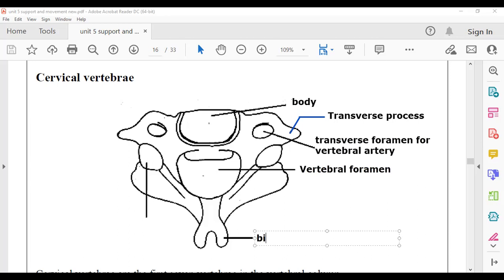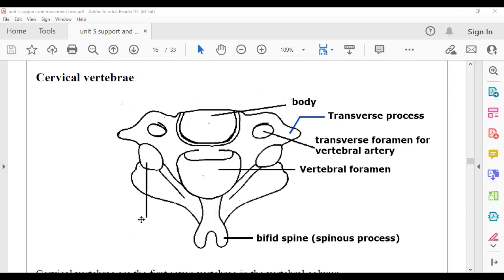So biped spine is the spinous process. So here the spinous process, okay, it is divided like a Y letter. So that is why it is called by the name biped spine.